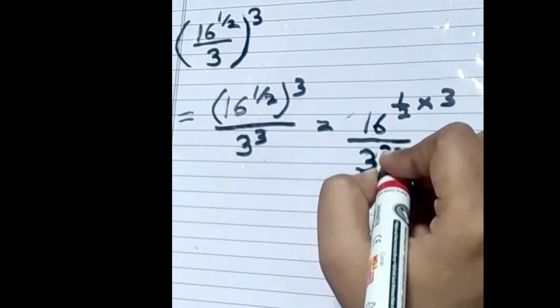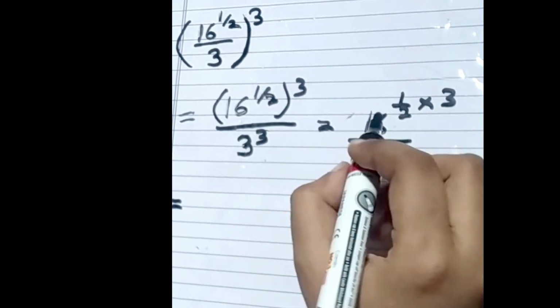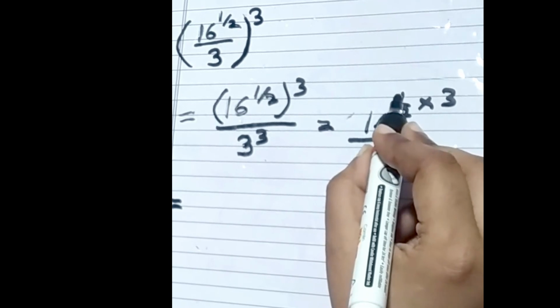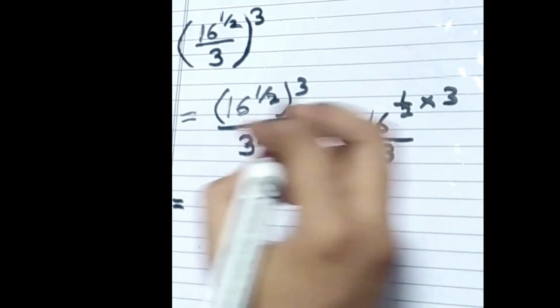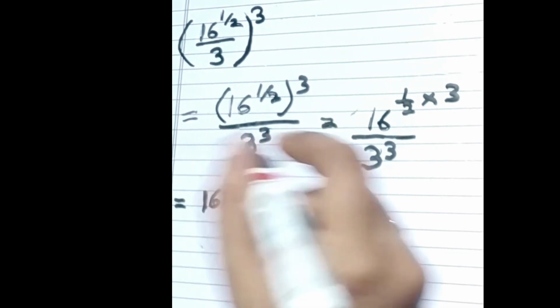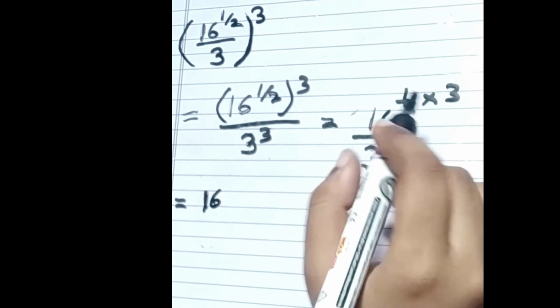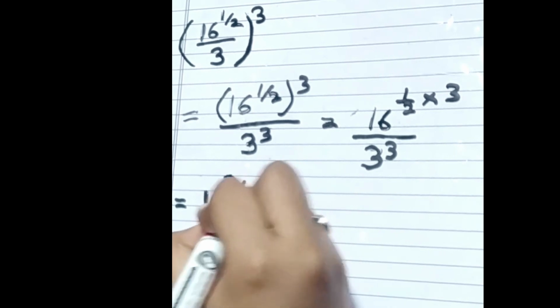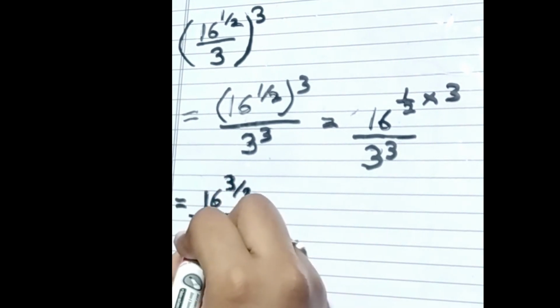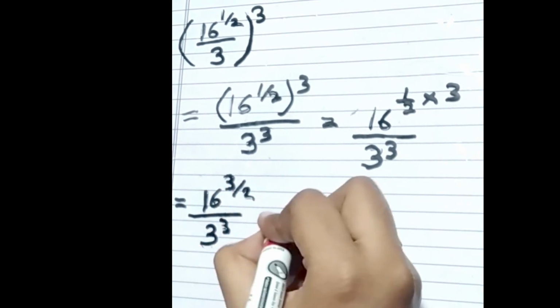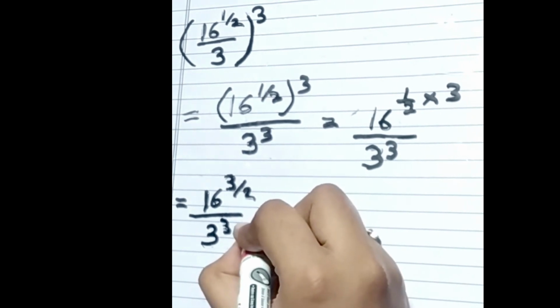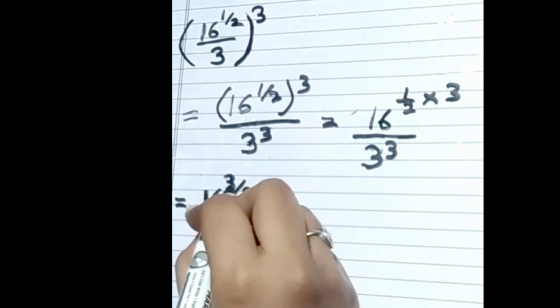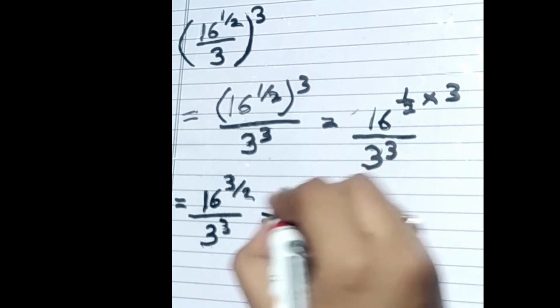Okay, so now 16 raised to 1 by 2 into 3 means equal to 16 raised to 3 by 2 upon 3 cube. Now 16 raised to 3 by 2, how can you write this?